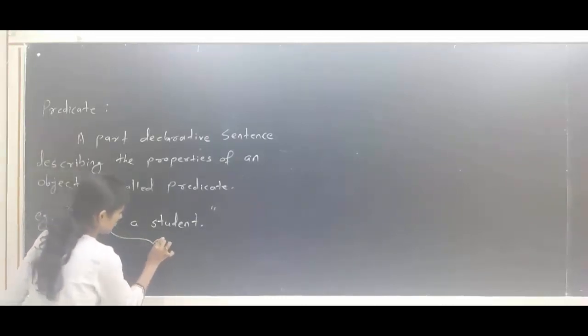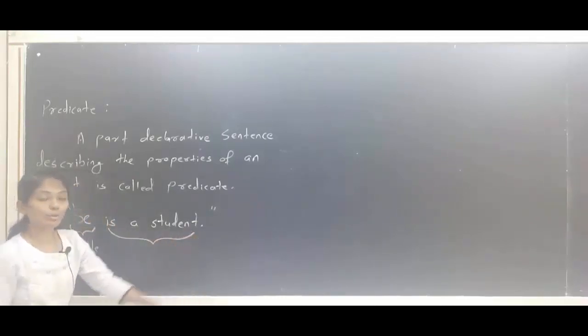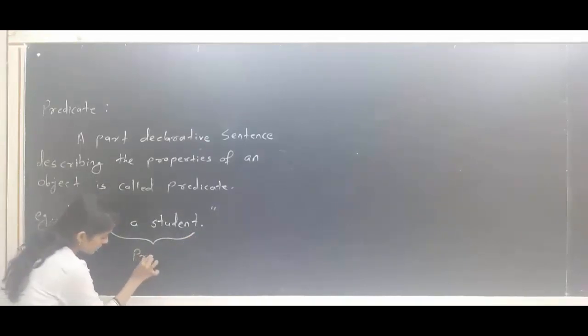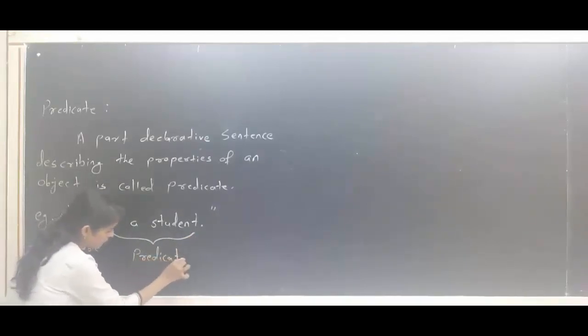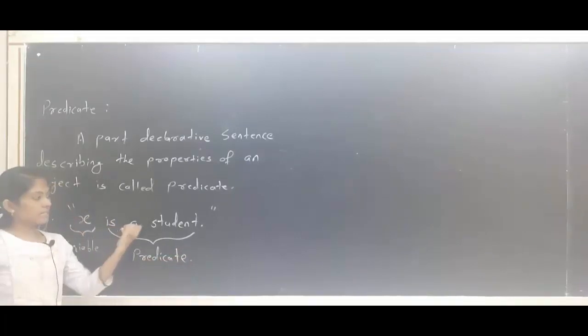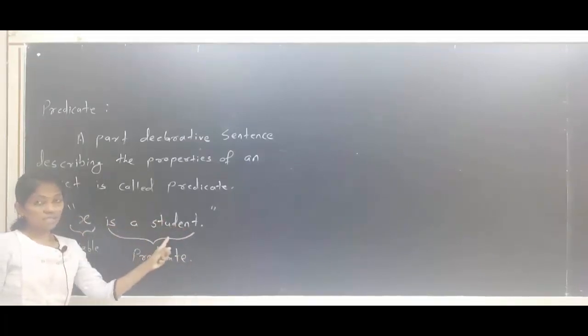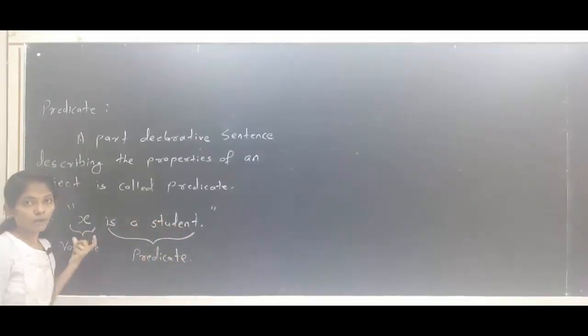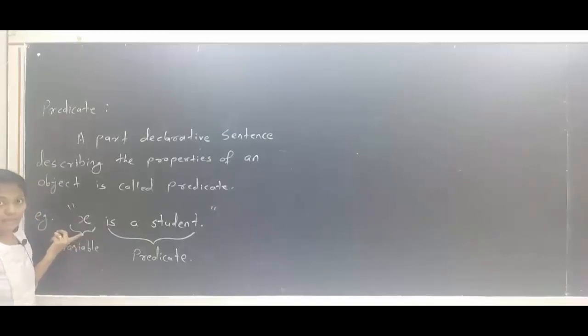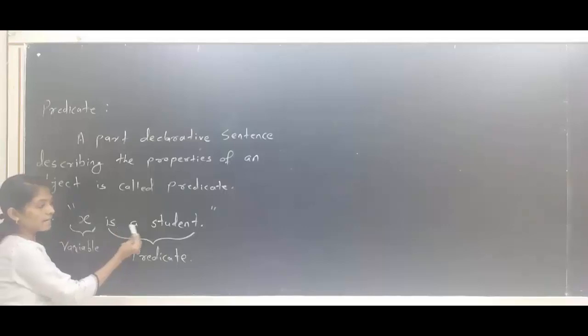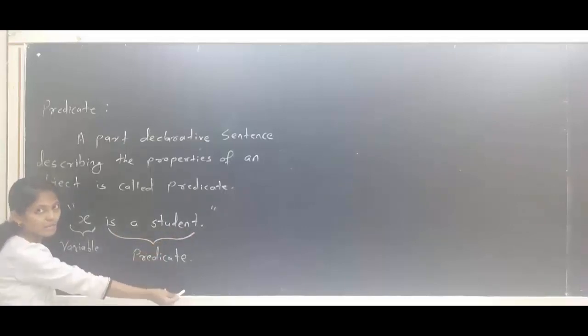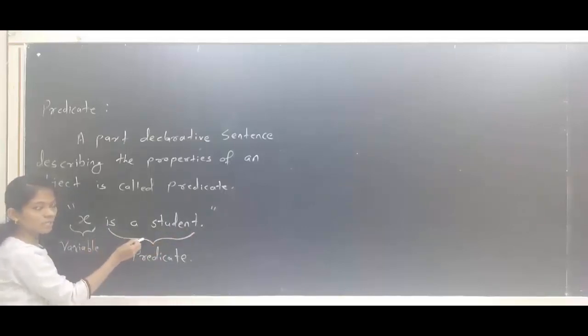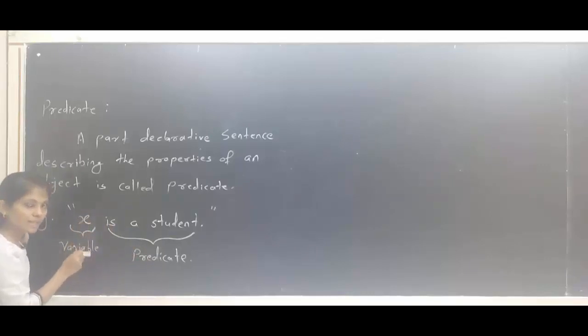And second part, is a student, is called the predicate. Is a student describes the property of variable X, that is the object. So here X is the variable and is a student is the predicate. This statement contains two parts: the first part is the variable and the second part is the predicate.